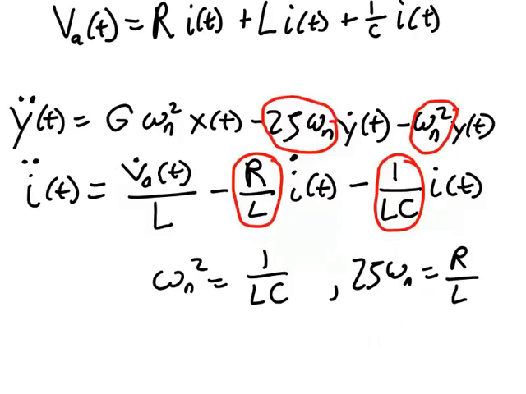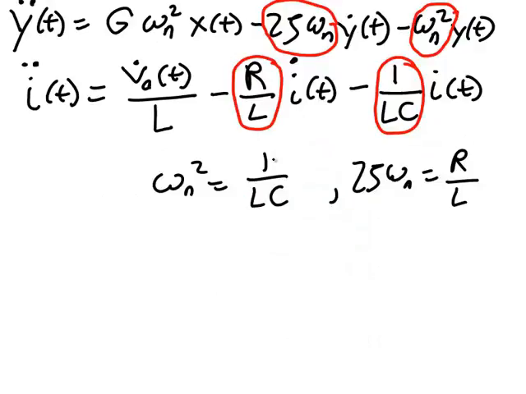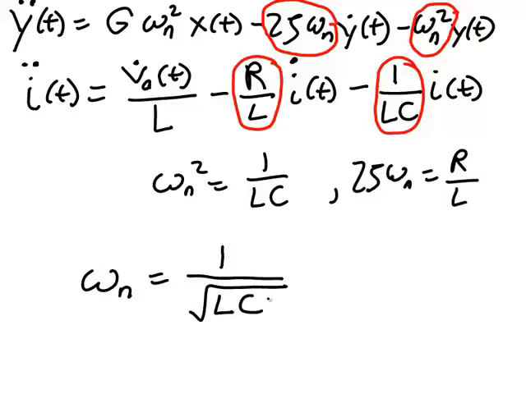First, I'll use this equation on the left to solve for omega n. We find that the natural frequency of our system is equal to 1 over the square root of LC. Now, I can use this to plug it into the other equation in order to find zeta.